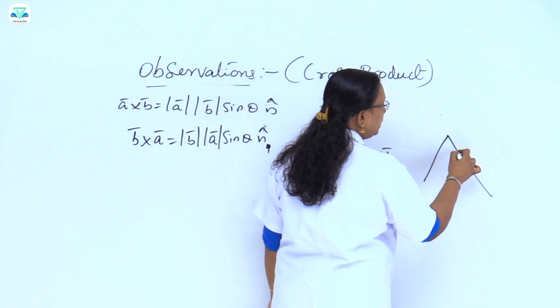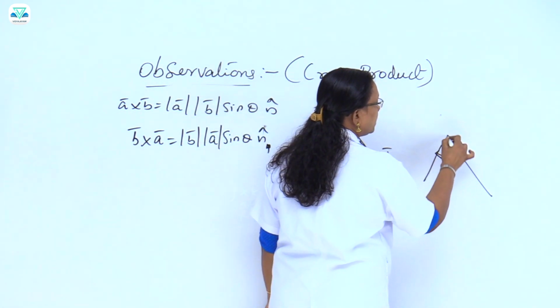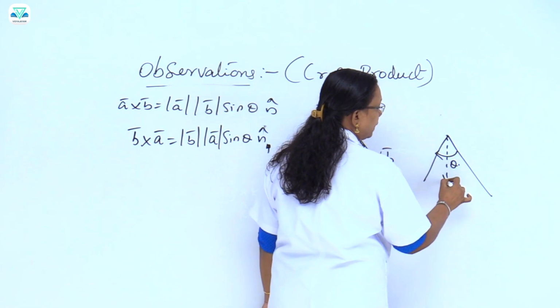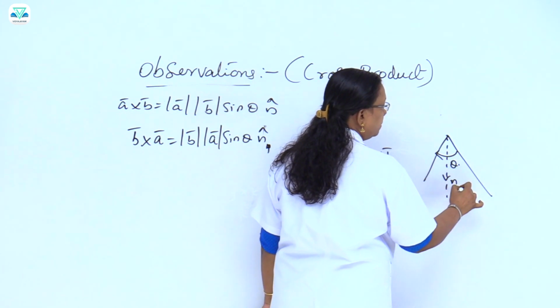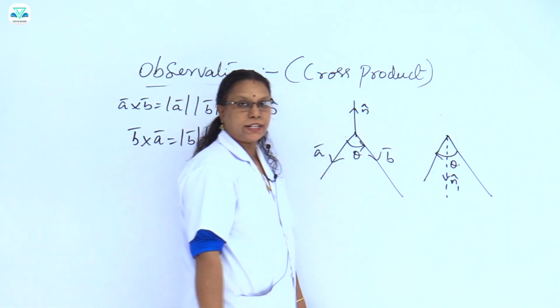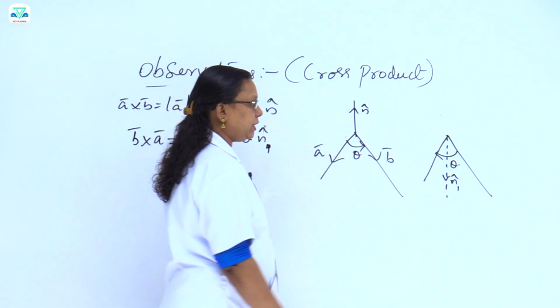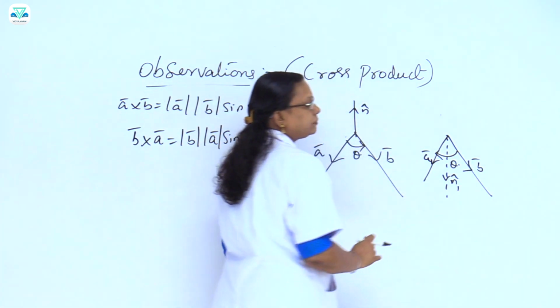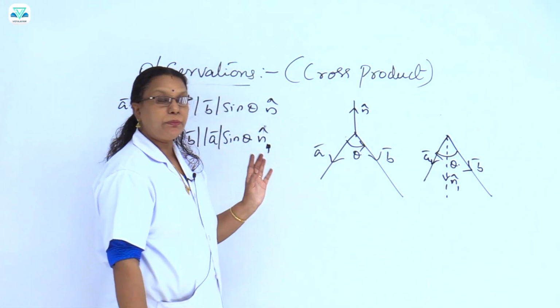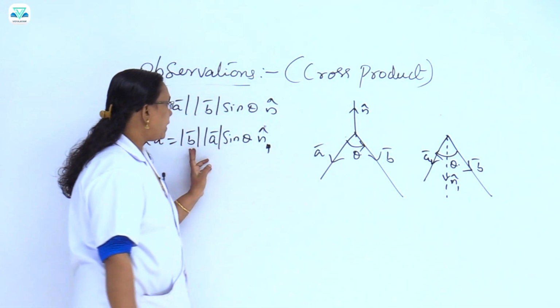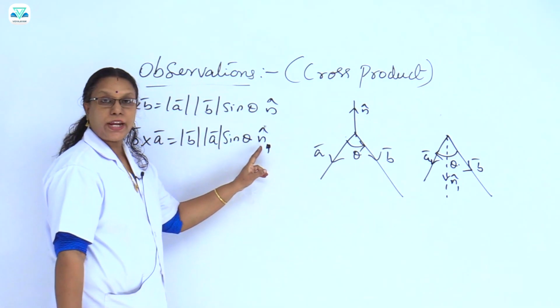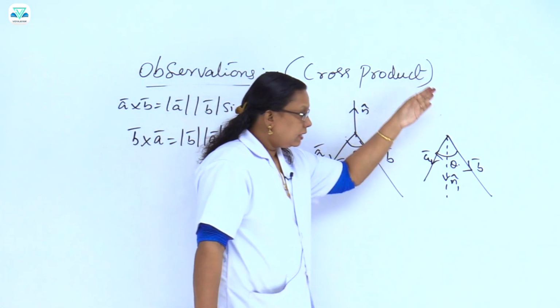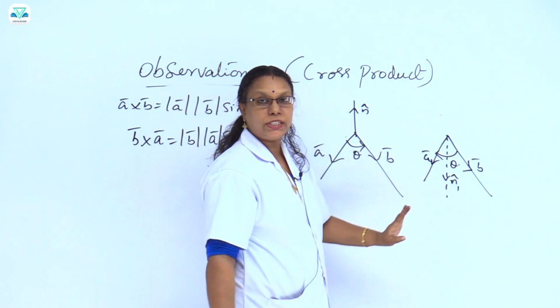So it will be in this form where theta, so the unit vector will be directed in the opposite direction. That is what n cap means here. And this is vector A and this is vector B. So if the direction is from B to A, then it is defined as BA sin theta into n1 cap. That is, the unit vector will be in the opposite direction.